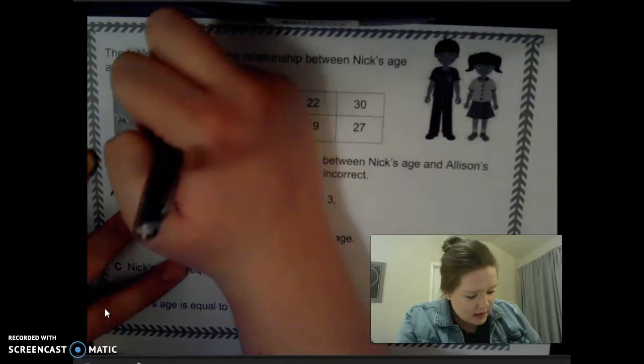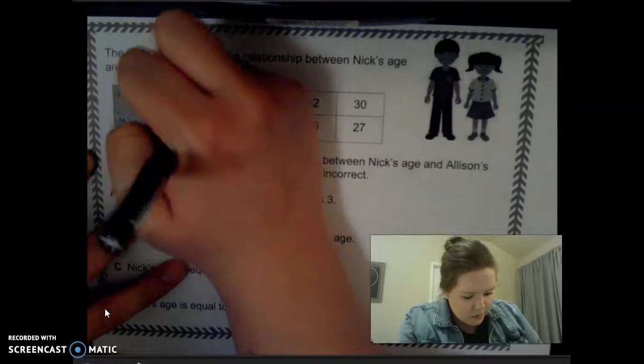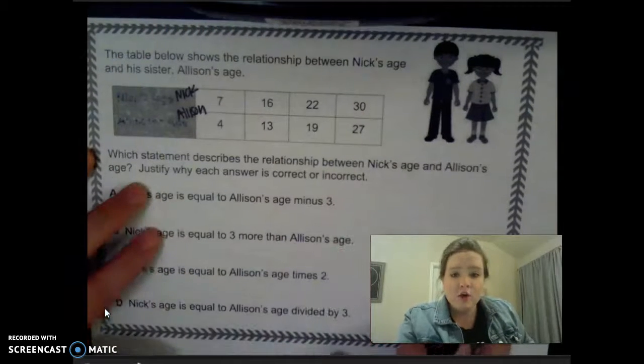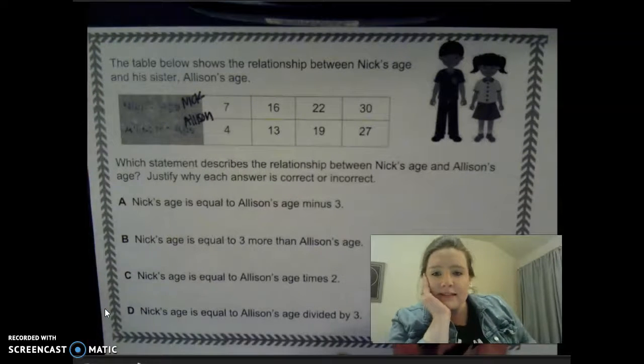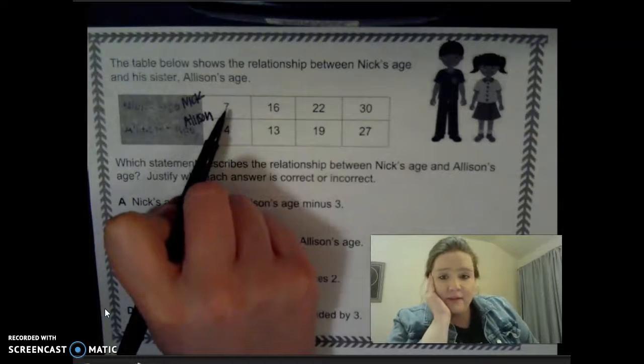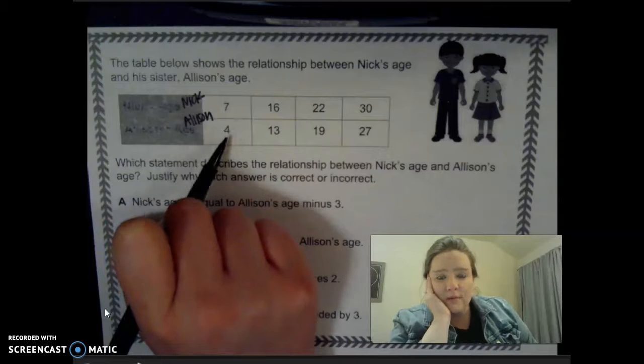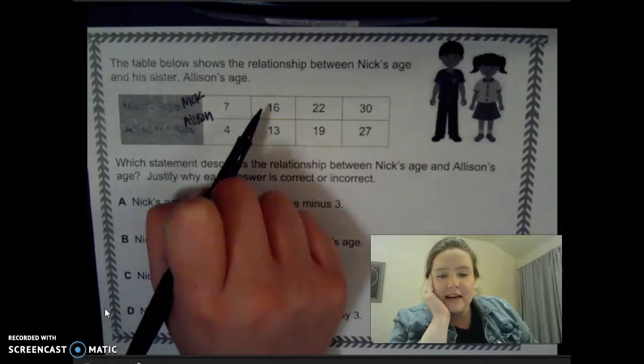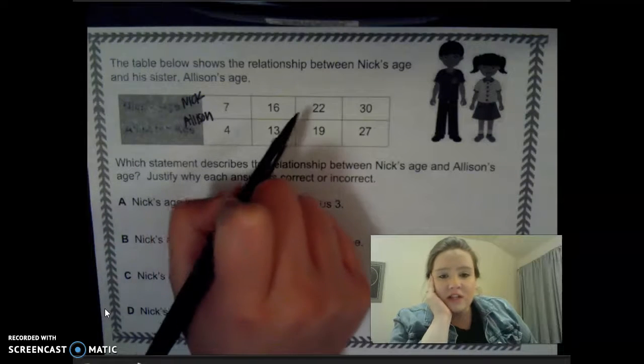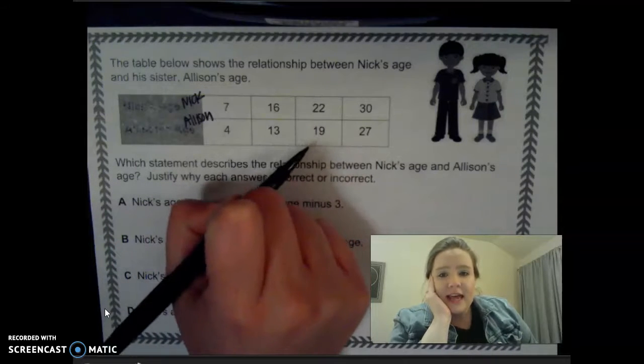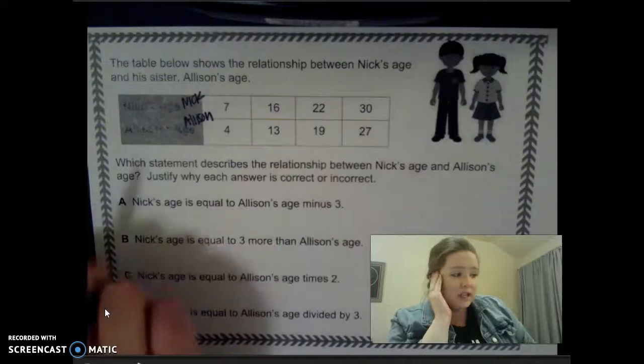So let's think about this. When Nick is 7, Allison is 4. When Nick is 16, Allison is 3. When Nick is 22, Allison is 19. And when Nick is 30, Allison is 20.